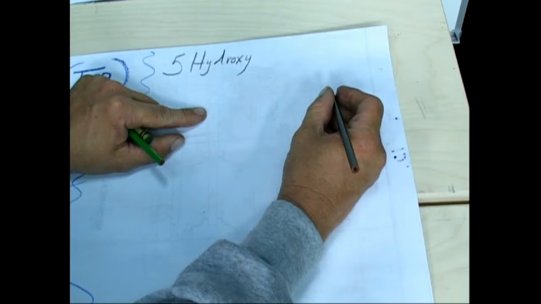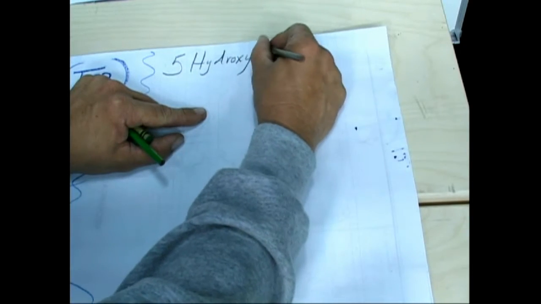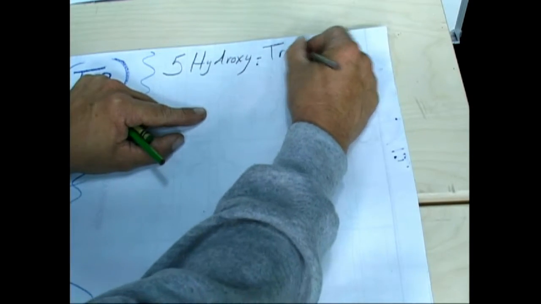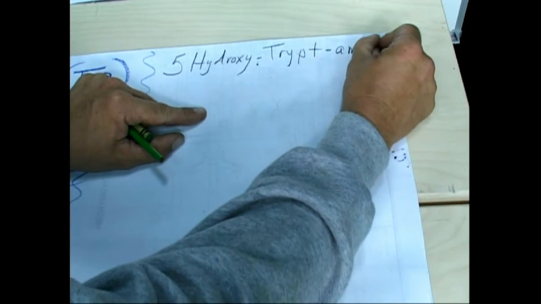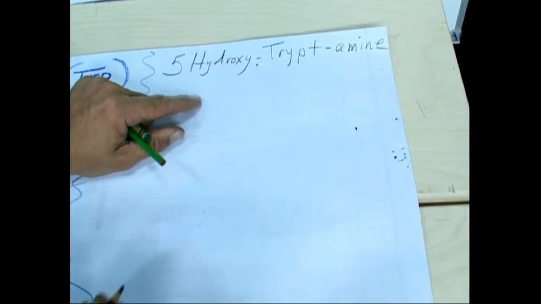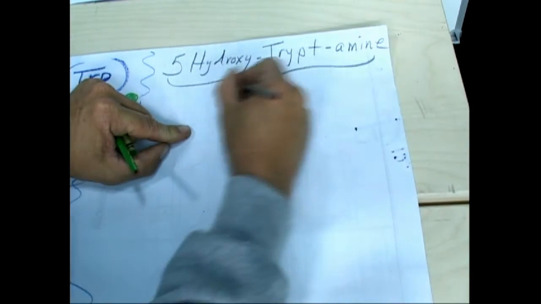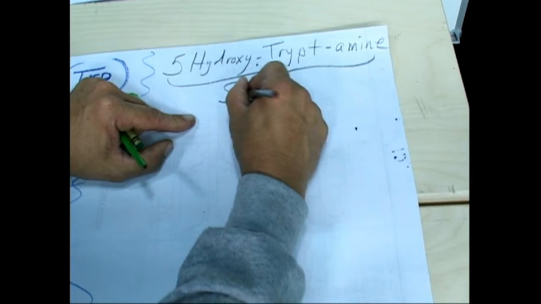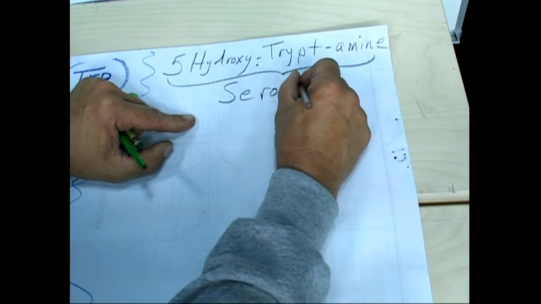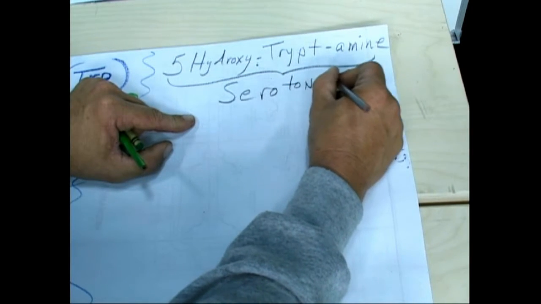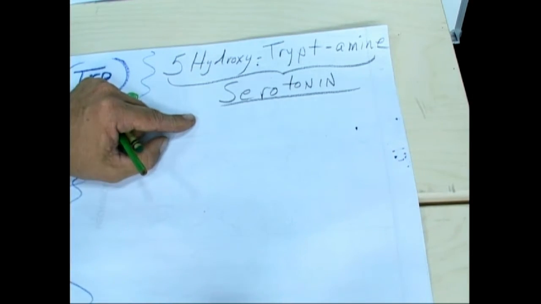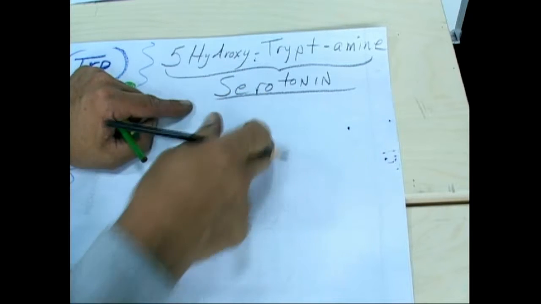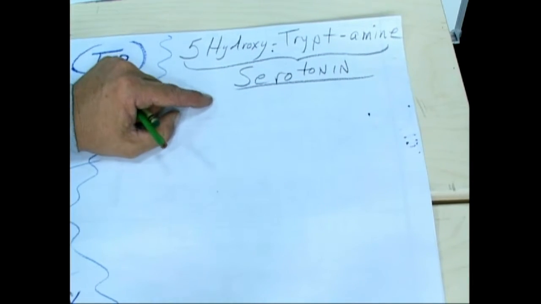To a 5-hydroxy tryptophan, amine. This is serotonin. So much of your mood brain chemistry is relying on this.